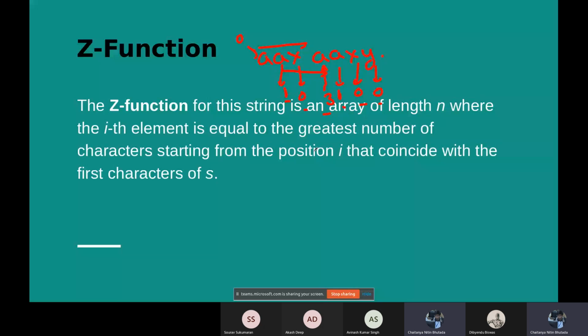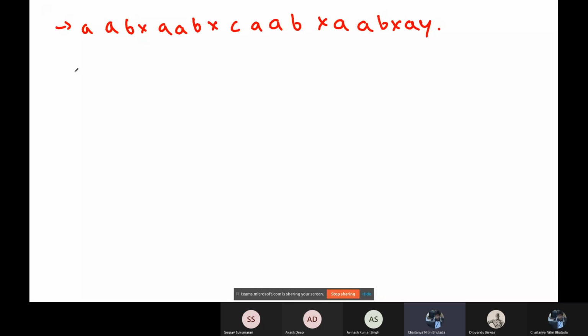Okay, so the z function's definition is clear. Now how to calculate it? Suppose the string is aabxaabxcaabxaabxaaby.